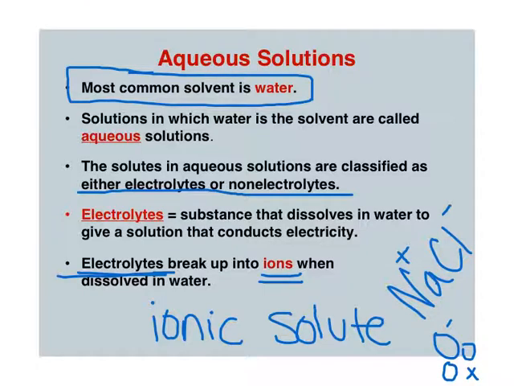So the positive part of the sodium will be attracted to the oxygen, while the chlorine will be attracted to those two hydrogens. And it pulls the bond apart. Now, when it does this, it conducts electricity because you have free-floating ions. Anytime you have free-floating ions in a solution, it will conduct electricity.